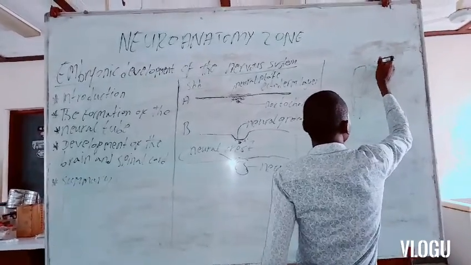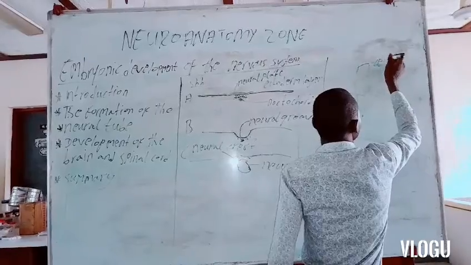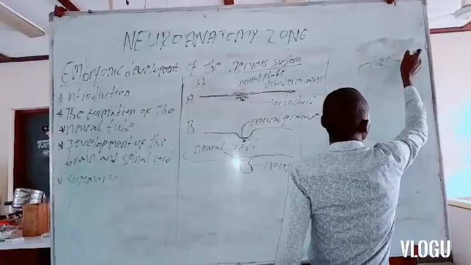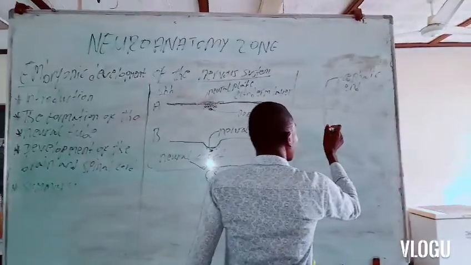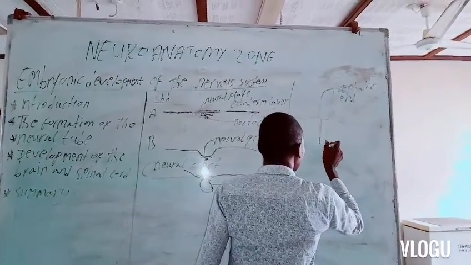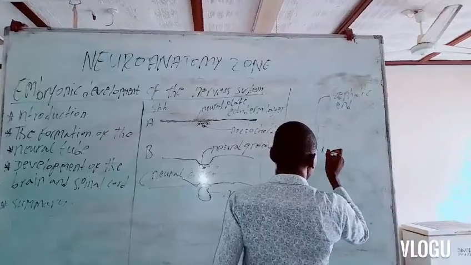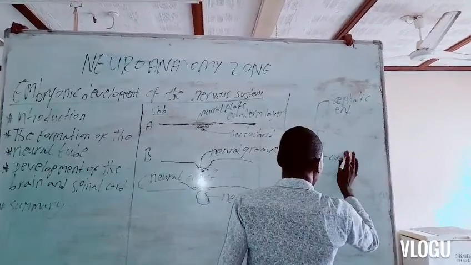Okay? It's called the cephalic end. Okay? While the inferior end is known as the caudal tail. Okay? The caudal tail.